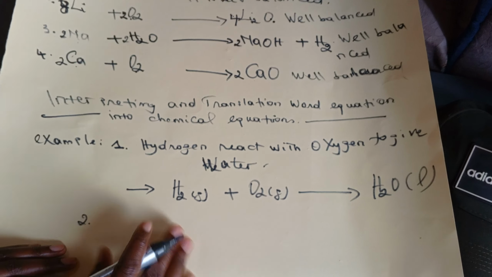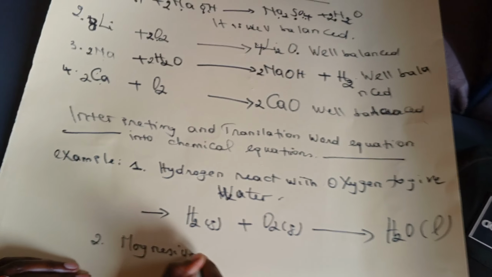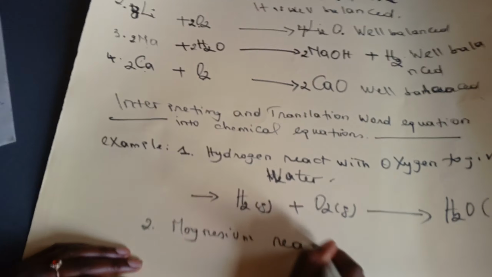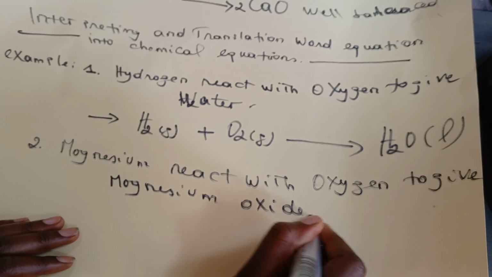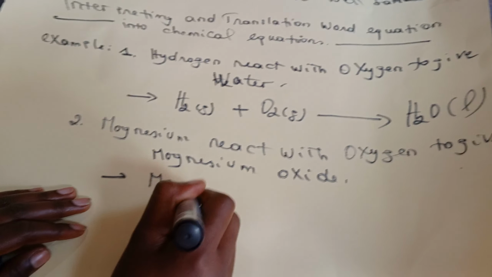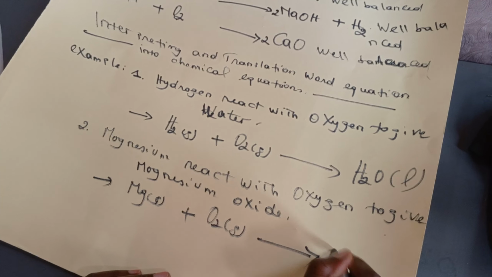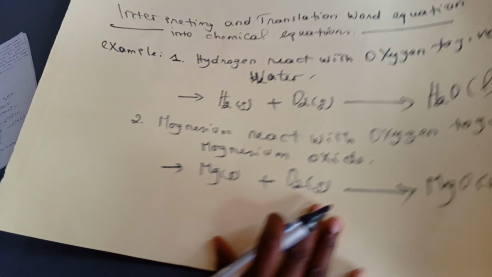Example number 2, when we take magnesium reacting with oxygen to give magnesium oxide, we write magnesium, which is in solid state, reacts with oxygen, which is in gas state, to give magnesium oxide, which is in solid state.